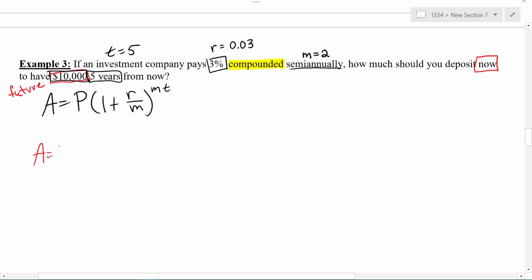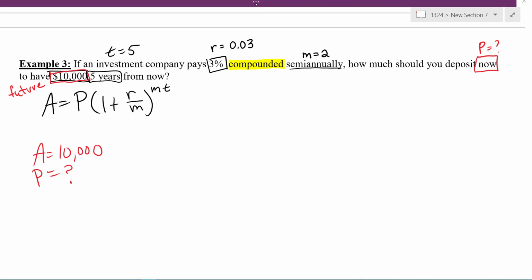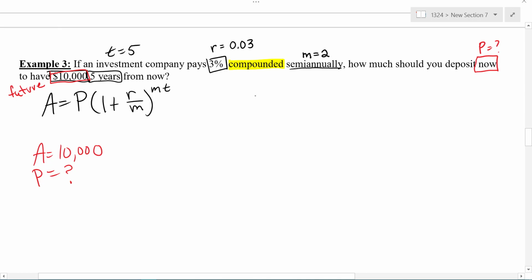So our A value is 10,000. Our P value is what we're solving for. So the P value, the principal, how much we should deposit now is what we don't know. So let's plug in all of our values and see what we get. So I have 10,000 on the left-hand side of the equation in place of A equals P. Since I don't know the principal, since we don't know that P value, I'm going to leave it just as P. So we're going to do parentheses 1 plus my interest rate, which is our 0.03.